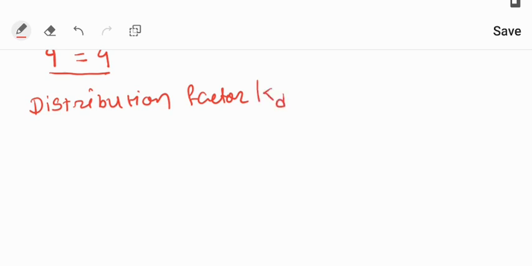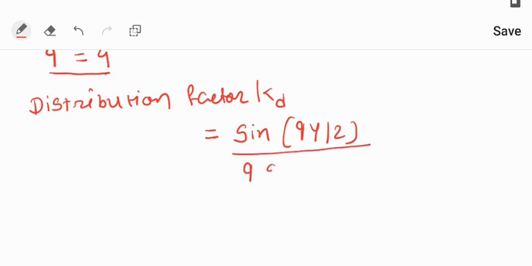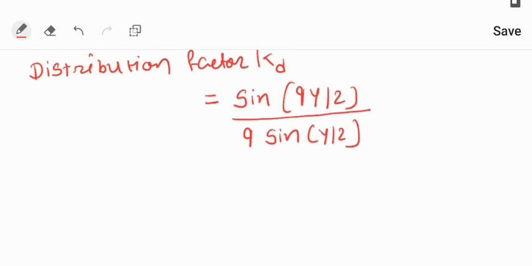For the distribution factor KD, we have to consider the equation sin(Qy/2) divided by Q sin(y/2).